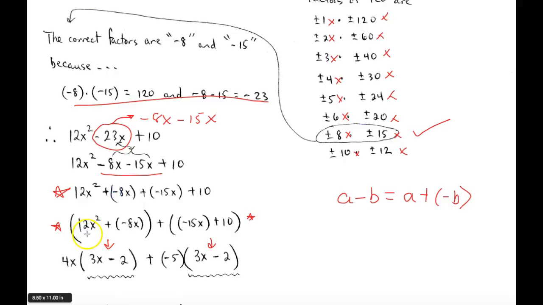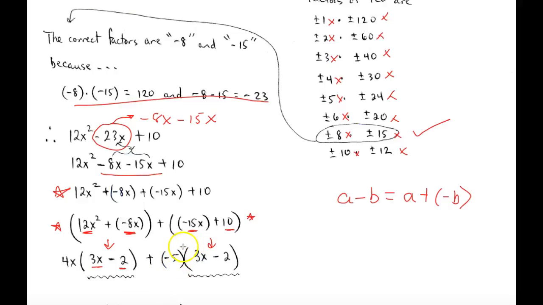So anyway, so we're here. If we look at our first two terms here, we see that the greatest common factor is a 4x. So we factor that out. We have 3x left in the first term and a negative 2 left in the second term. And then for the second group here, we see that our greatest common factor is a negative 5.